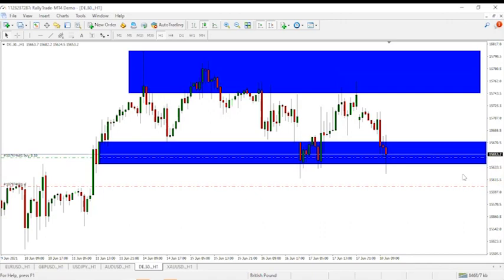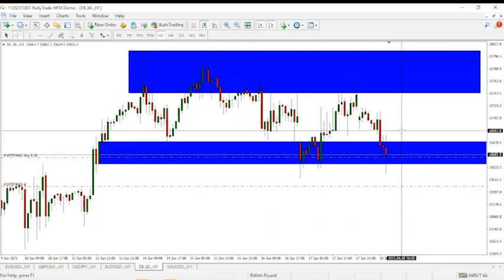All right. Now, where's our take profit for the buy? Our take profit for the buy is going to be at the next zone of resistance. This is our next resistance zone. So for this buy, we are going to be taking our profits.